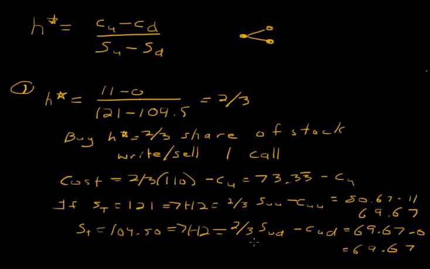As we know from the replication from last class, that means we just have to discount it back. So by replication, 2/3 stock minus call up must equal this 69.67, what we get at the end of the day, and then we're just going to discount that back.